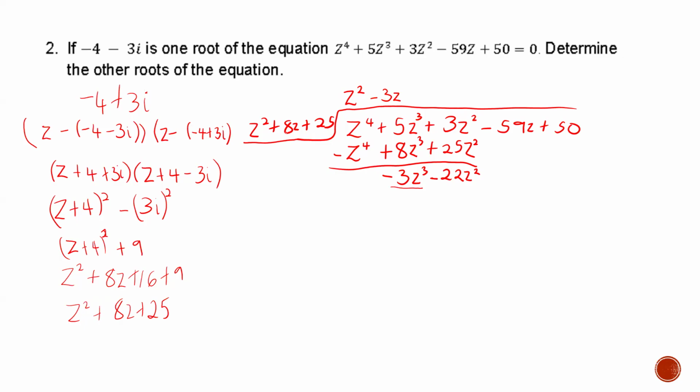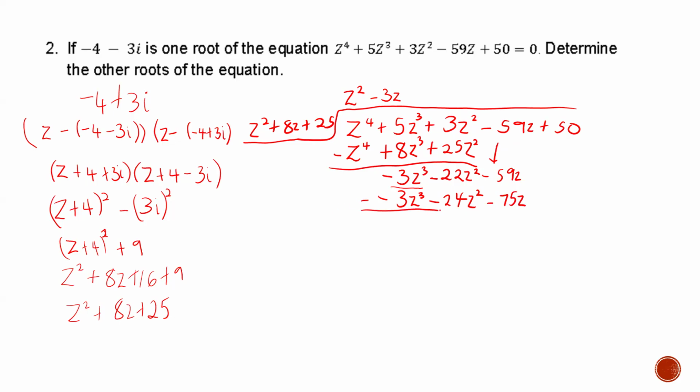Then negative 3z times z squared will give us negative 3z cubed. Negative 3z times 8z will give us negative 24z squared. Then negative 3z times 25 will give us negative 75z.